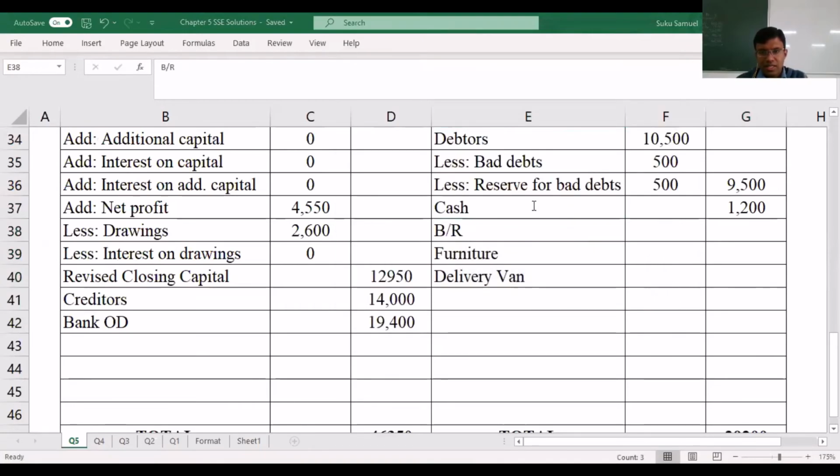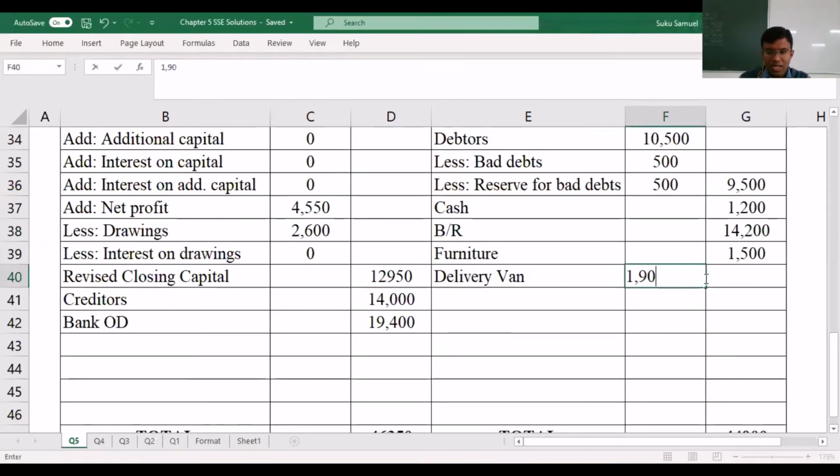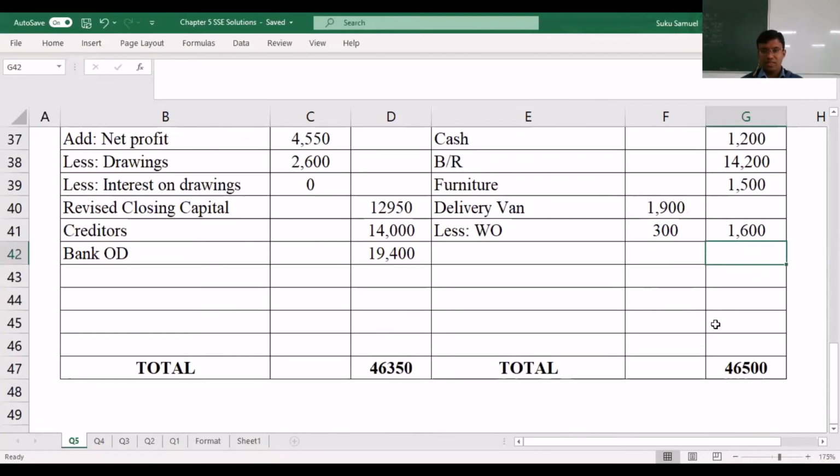In this delivery van, there is an adjustment, and the adjustment is we have to consider the value written off. So the delivery van's value is 1,900. From this, you will have to subtract the value written off, and the written off value is 300. So that is 1,600.